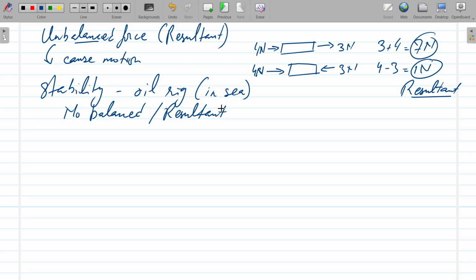That's going to not only cause monetary loss, but it will endanger lives as well. Obviously the calculations are much more complex, but that is something that is taken into consideration.